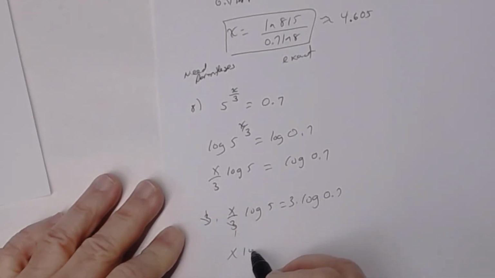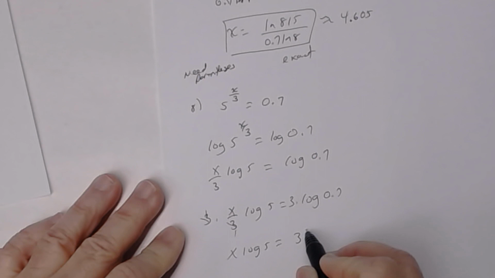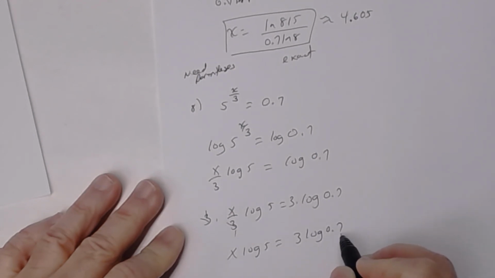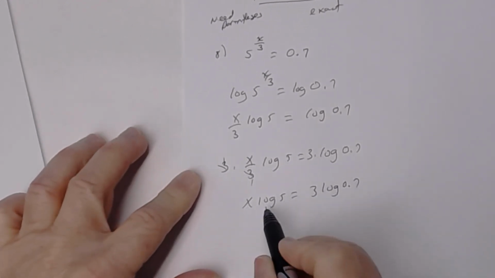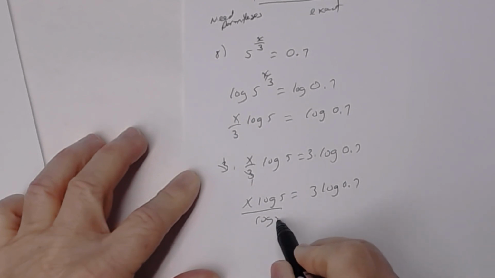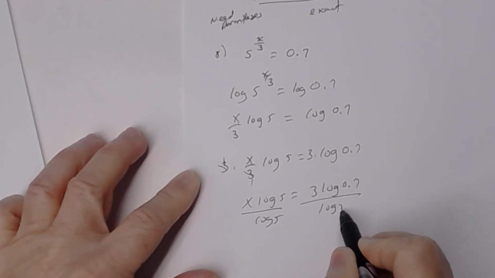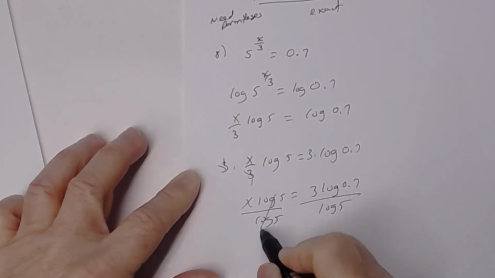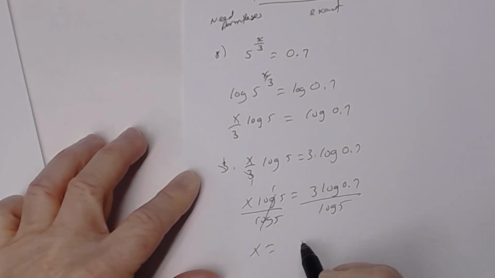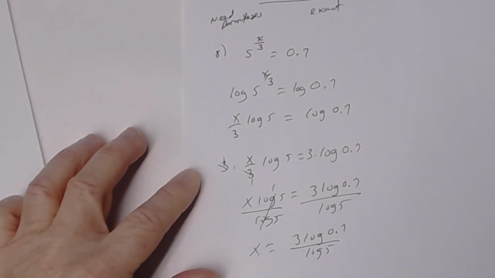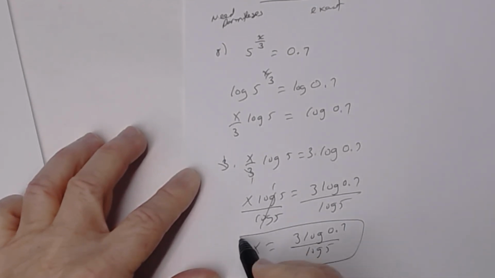So you get x times the log of 5 equals 3 times the log of 0.7. And then dividing both sides by the log of 5, you have your final answer. So you get x equal 3 times the log of 0.7 divided by the log of 5. Okay? All right, so there's your exact answer.